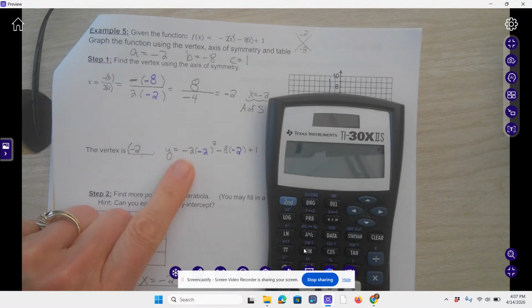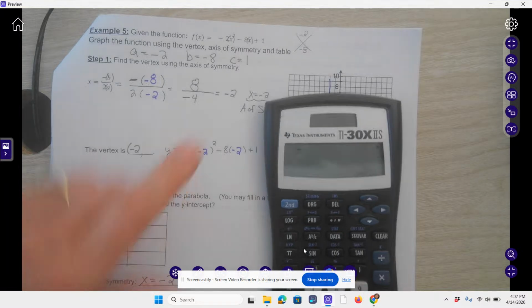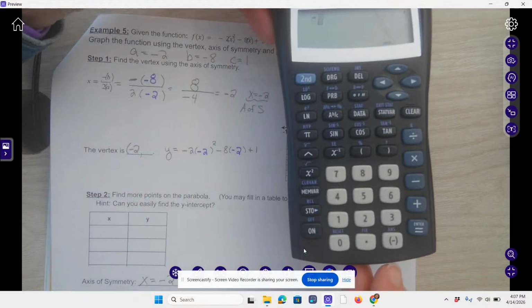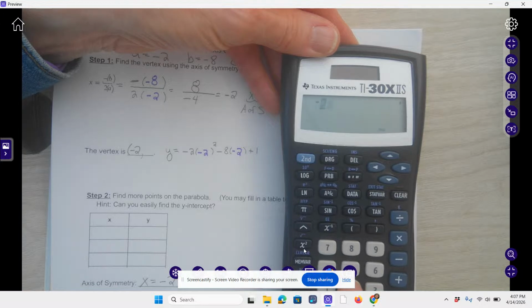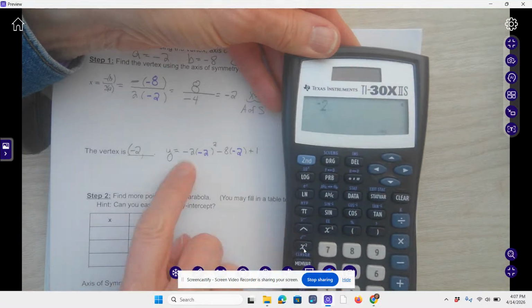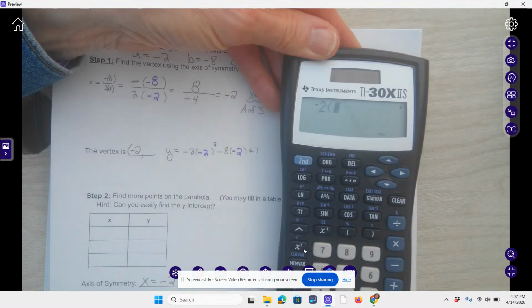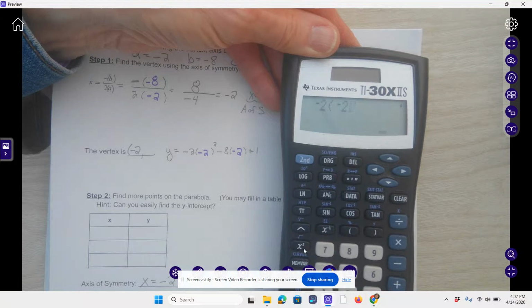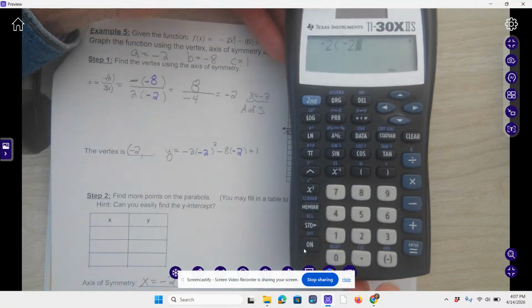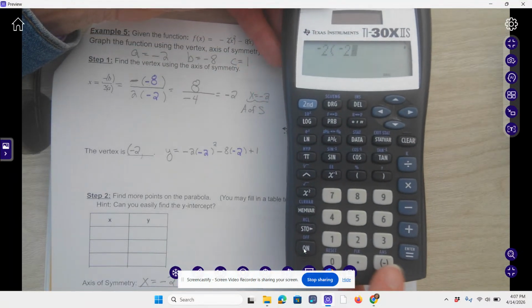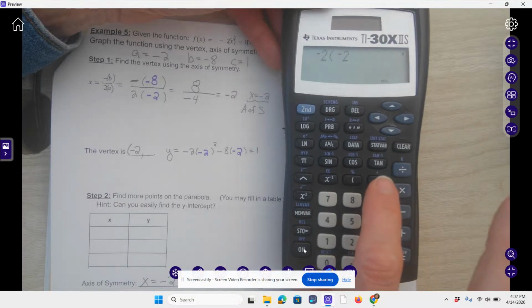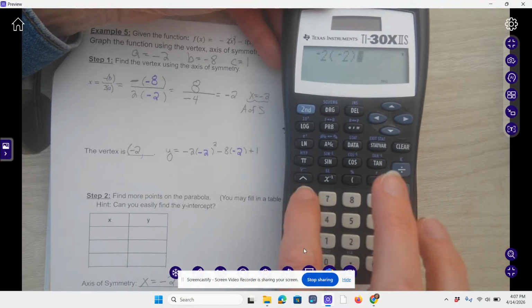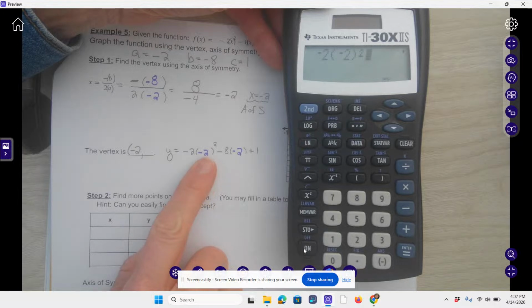All right, so I want to put in negative, use the negative button, negative 2, that's for that, and then parenthesis, and then negative 2 again, that's the x value that I'm plugging in. Again, whenever you're putting in a negative number, make sure you're using this button. Close your parenthesis, and then hit the squared button.